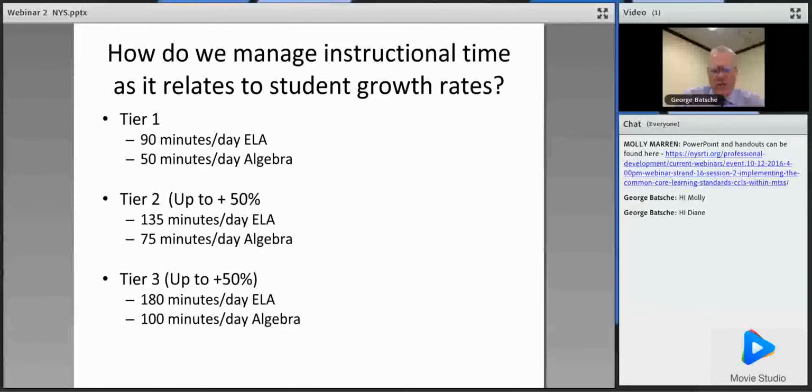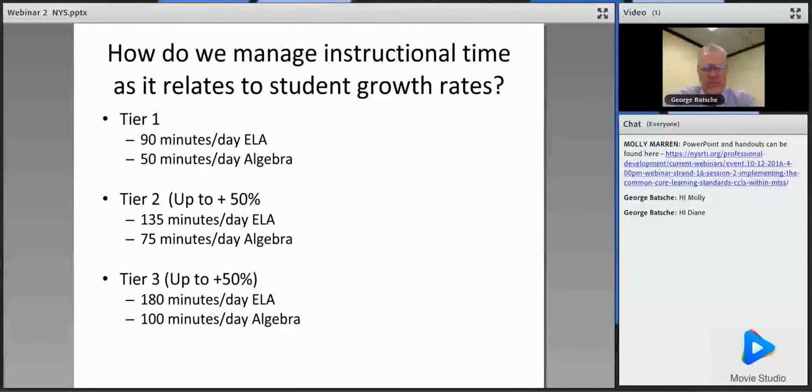That would be 135 minutes a day for English language arts and 75 minutes a day for algebra for tier 2, and up to 180 minutes a day for English language arts for tier 3, and 100 minutes a day for algebra.